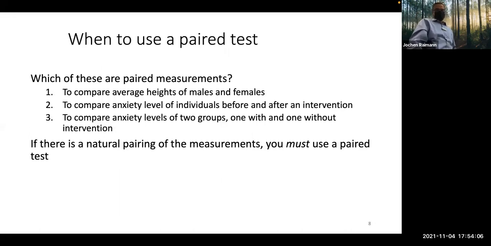So when to use a paired t-test? You compare heights of males and females; before and after, you compare anxiety levels; you compare the anxiety level of two groups. As a question, which one would strike you as the one you want to use in a paired setting? When you read this as a question on a quiz, which one would you choose?